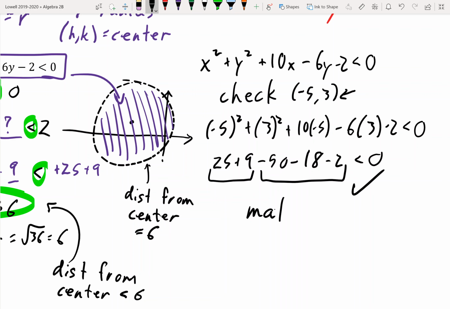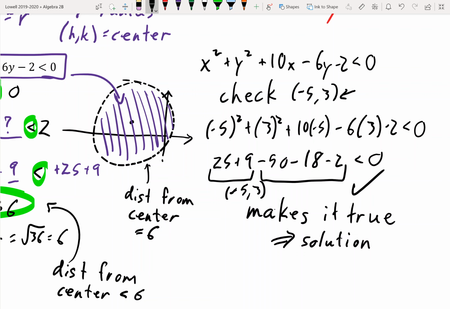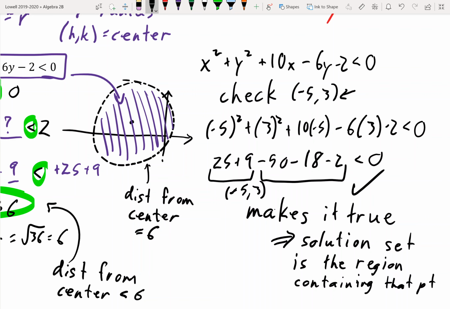So since -5, 3 makes it true, that implies that the solution set, all the points that make this inequality true, is the region containing that point. And if you had picked a point outside the circle, it would not have been true. So that's always my suggestion for checking.